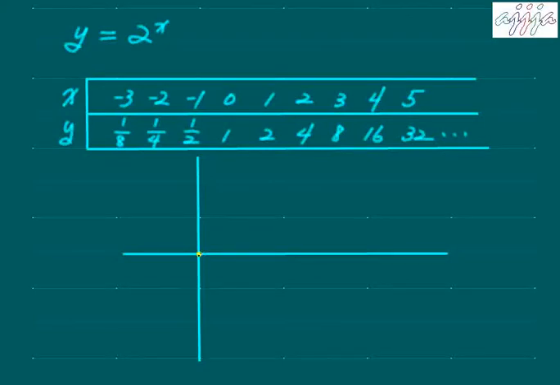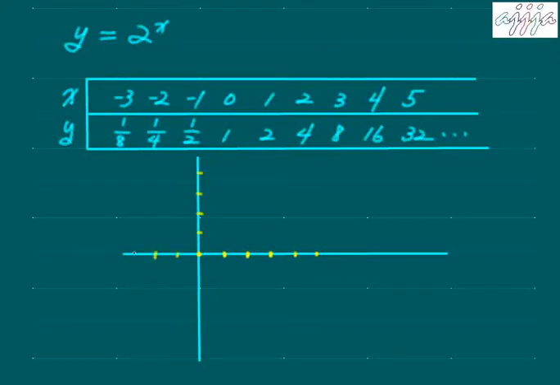Alright. So, origin right here. The origin. Then I can say maybe 1, 2, 3, 4, 5, so on. Then, here I can say maybe 1, 2, 3, 4, and so on.